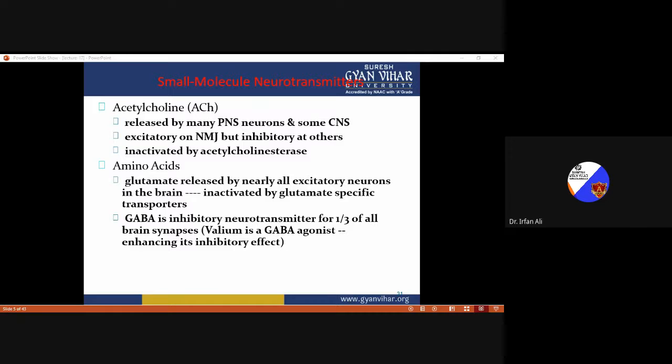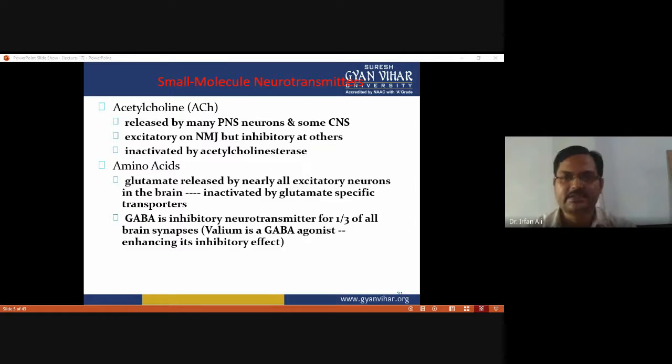So glutamate is released by nearly all excitatory neurons in the brain, and this glutamate is inactivated by a glutamate specific transporter. This means when the action is over, the glutamate can be removed by the use of the glutamate specific transporter.